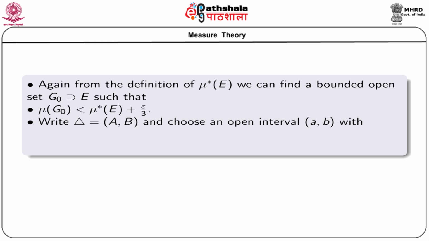Since delta is a bounded open set, let us write delta as the open interval capital A capital B. Now, choose an open interval small a small b with the property that capital A is less than small a, less than capital A plus epsilon by 3, whereas small b is taken between capital B minus epsilon by 3 and capital B.